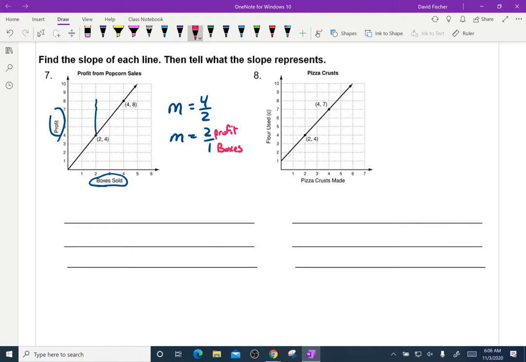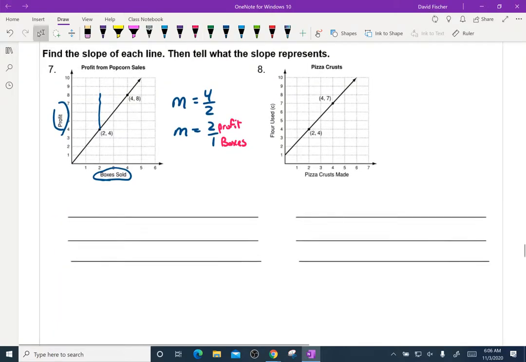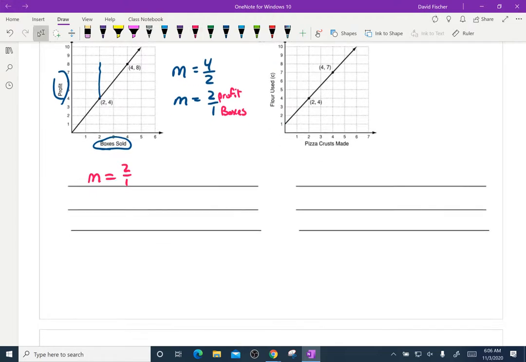sold. So now to tell what the slope represents, well, first of all, we need to say the slope was 2 over 1. And so now we have to put it in words. For I make $2, usually you start at the top.